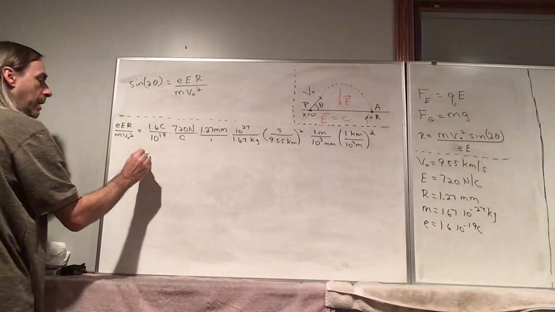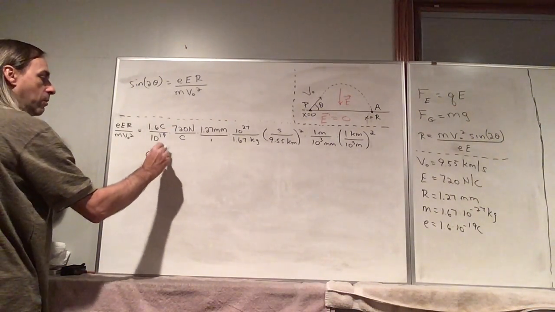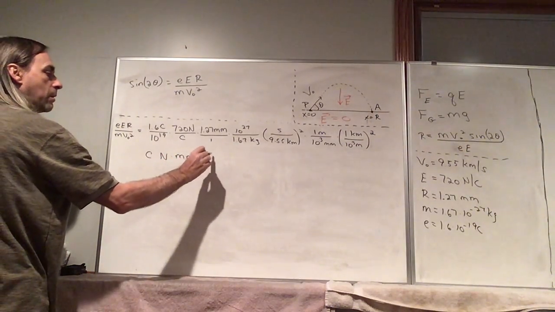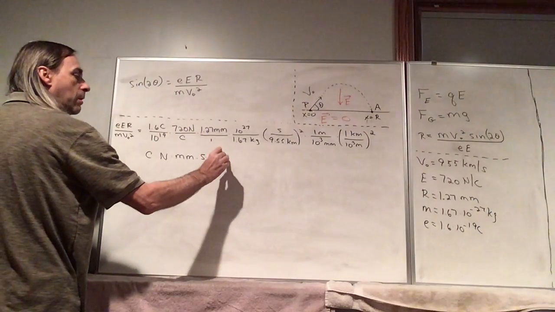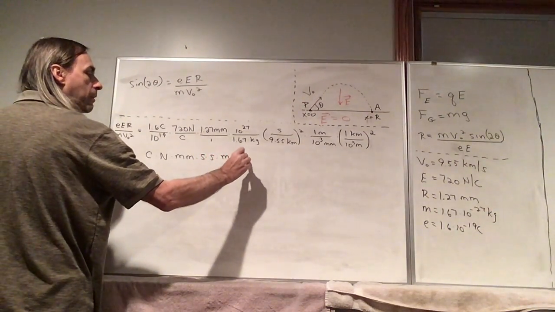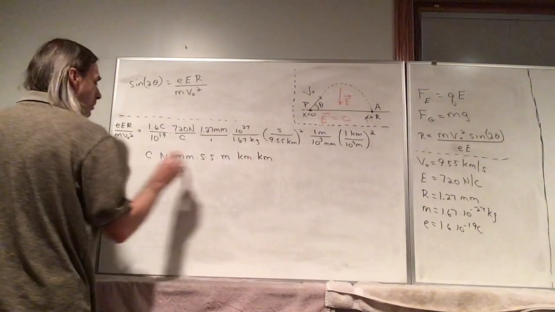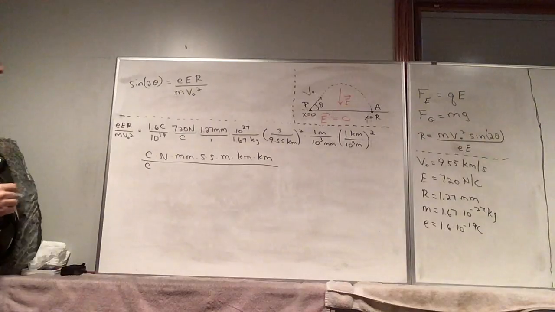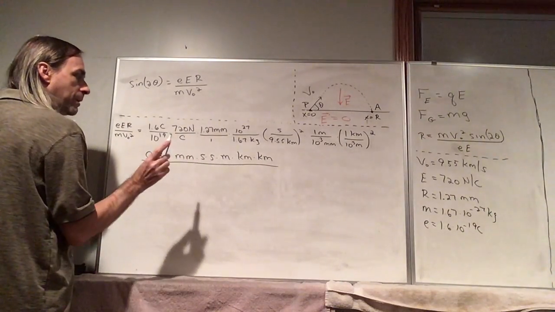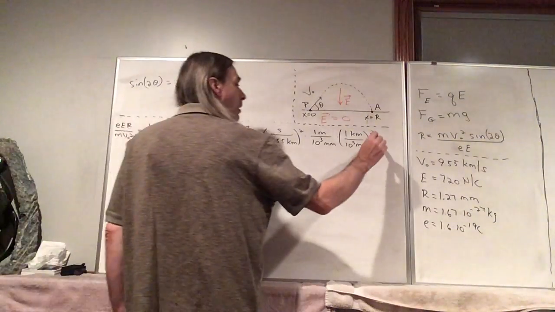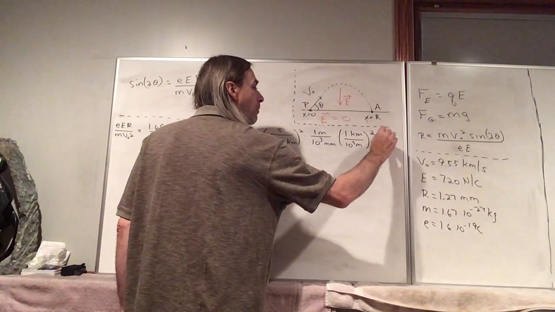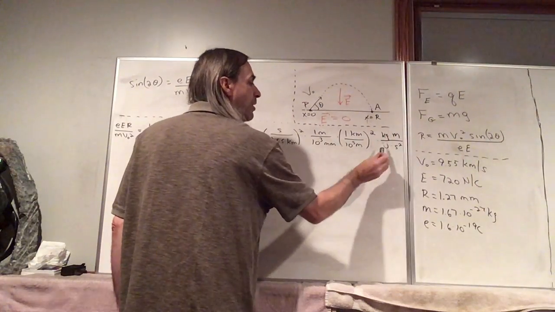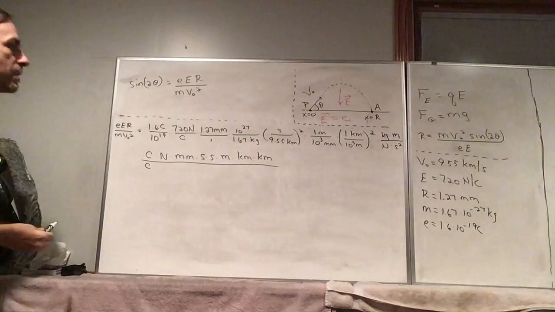I'm just going to go across the top and then the bottom: coulombs times newtons times millimeters times seconds squared, meters, and kilometers squared. And on the bottom we have coulombs, kilograms. A newton is a kilogram meter per second squared.